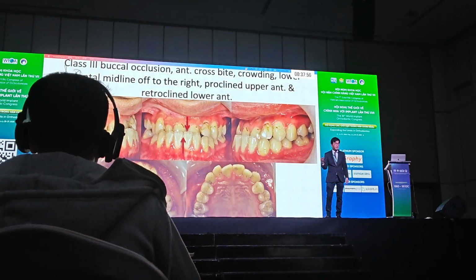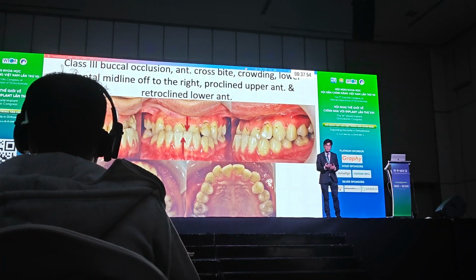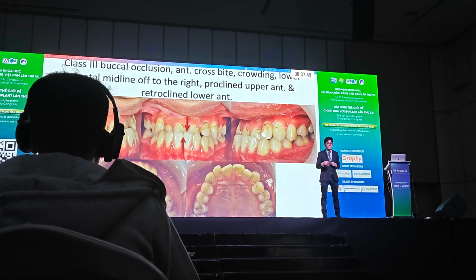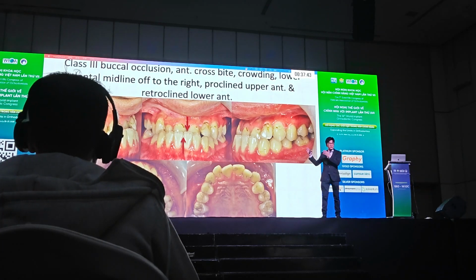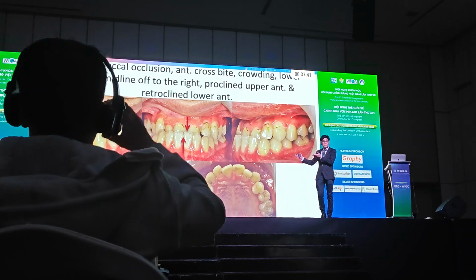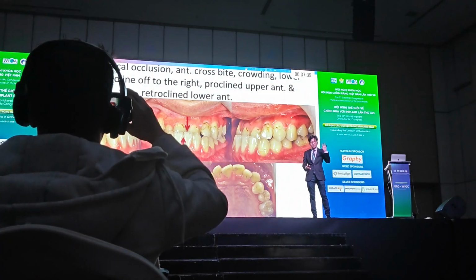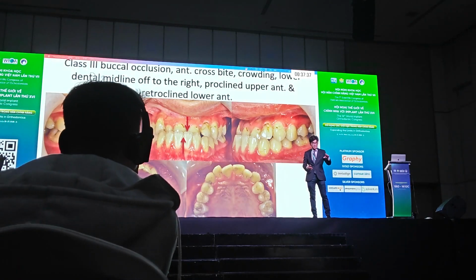In general, you have a class 3 occlusion and a posterior crossbite, the lower midline deviated to the right with the chin deviation, proclined upper incisors, and retroclined lower incisors. So let's start with this slide here. Think about that. If you are thinking about occlusion-driven treatment philosophy, you've got to fix the lower jaw.